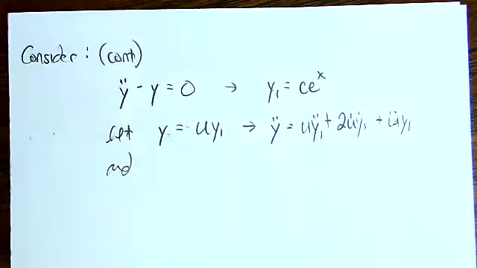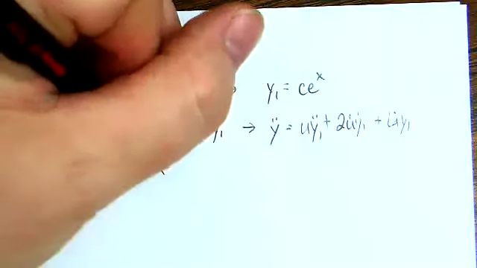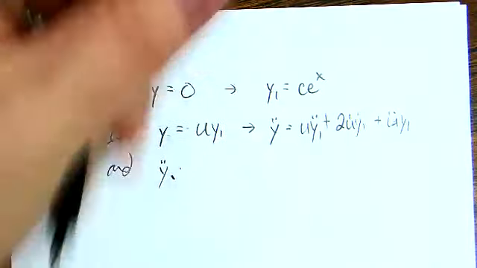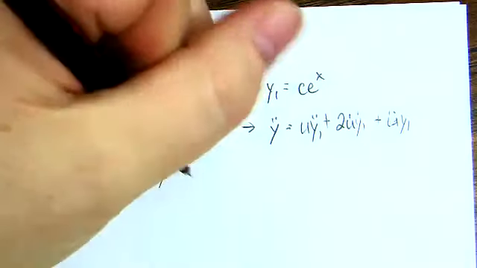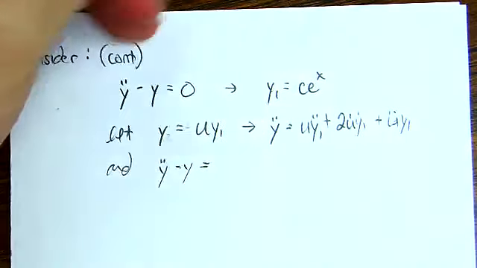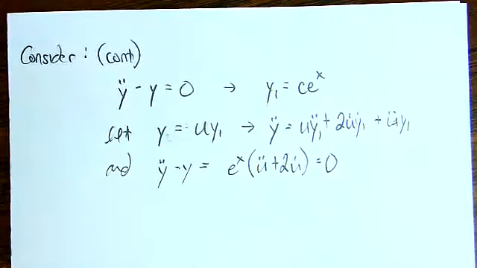And this gave us then that y double dot minus y was equal to e to the x times u double dot plus 2 u dot equals 0.